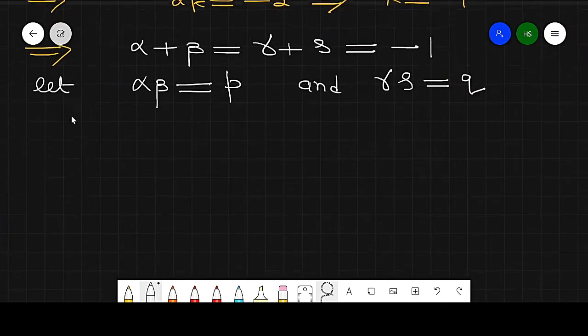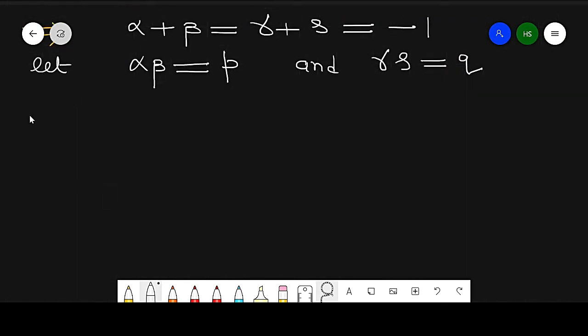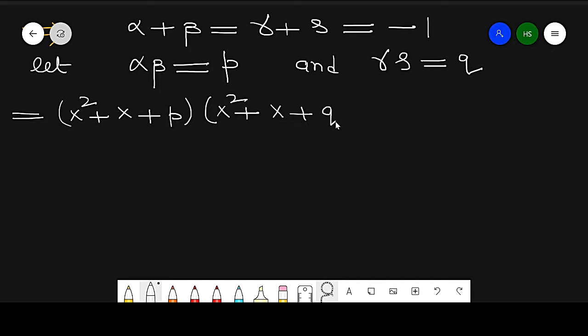So the quadratic equations whose roots are alpha beta is x square plus x plus p, and the second quadratic equation is x square plus x plus q.